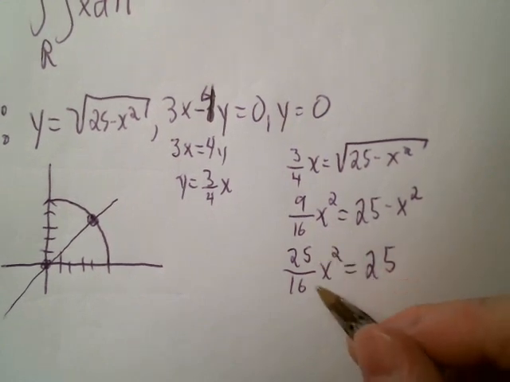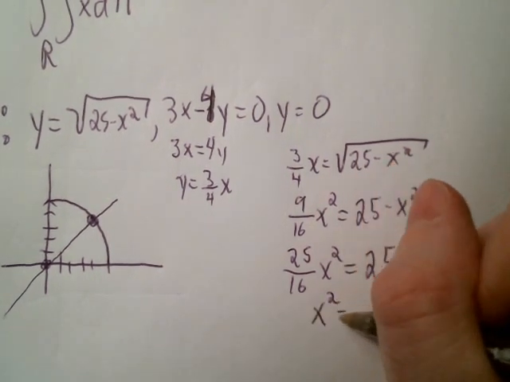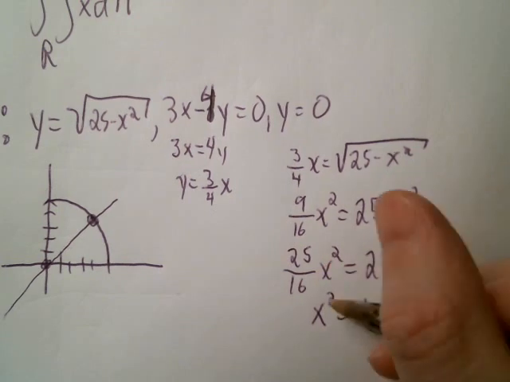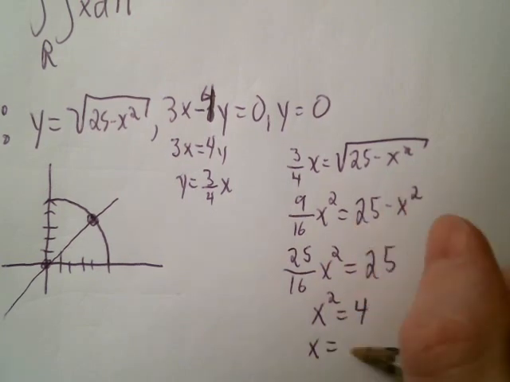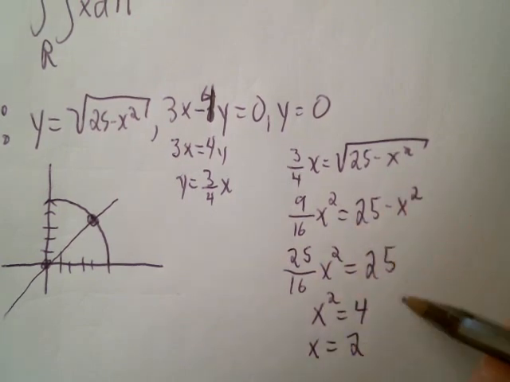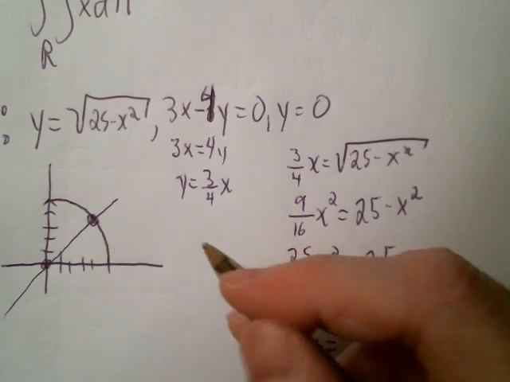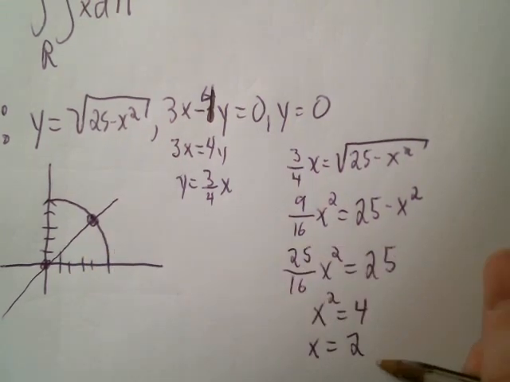Multiply by 16 over 25, and you get x squared is equal to 4. So you get x equals plus or minus 2. Okay? All we need is the positive one because we're just in the first quadrant. So it's going to be 2 comma something.